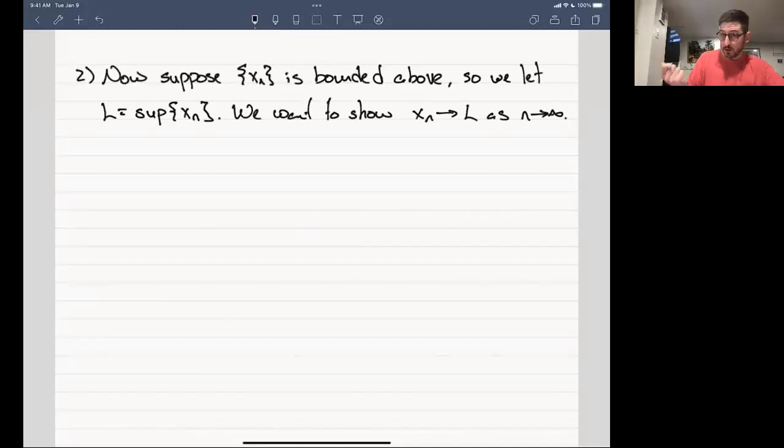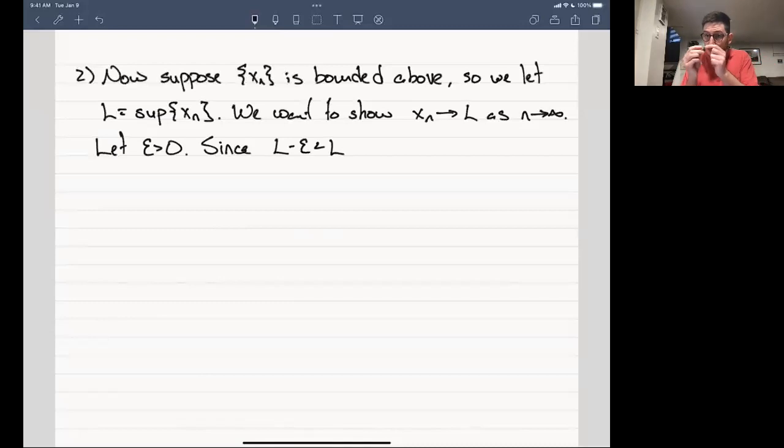Well, we're going to do this by the definition of convergence. So that means we need an arbitrary number, epsilon, bigger than 0. So for any epsilon that you can possibly find, I'm going to show that xn minus L is smaller than epsilon in absolute value. Okay, first of all, since L minus epsilon is less than L, right? I took a little bit off of the supremum.